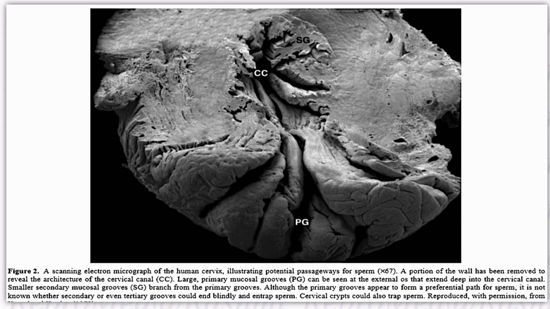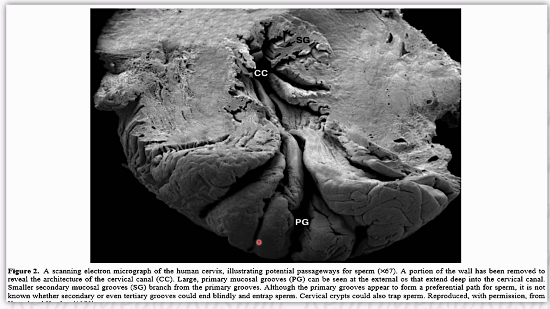We can see here an electron micrograph of the human cervix, and a portion of the wall has been removed to reveal the architecture of the cervical canal. This CC means cervical canal, and these are the large primary grooves.